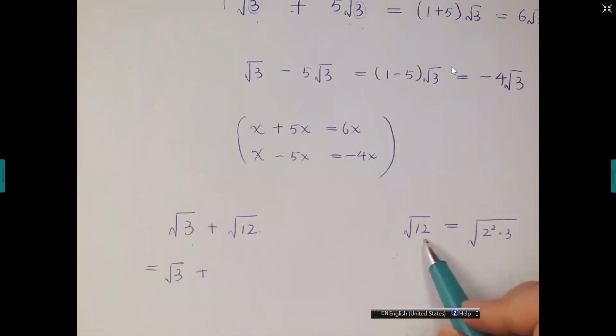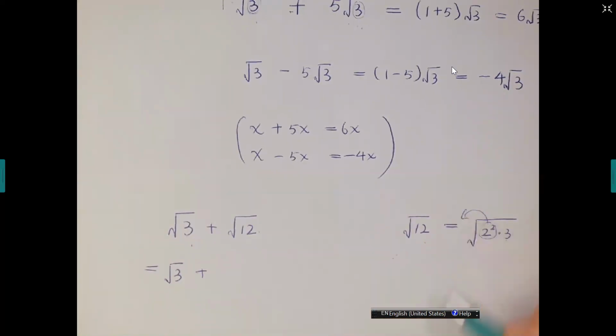So 12 equals 4 times 3. You know 4 is 2 squared, a perfect square number. So can we simplify this expression? Of course. 2 can be moved out, and we'll have 2 times radical 3. This is what we did in section 8.1.